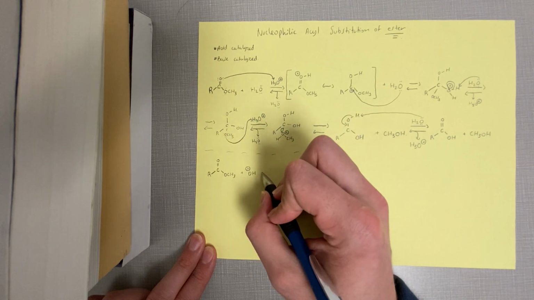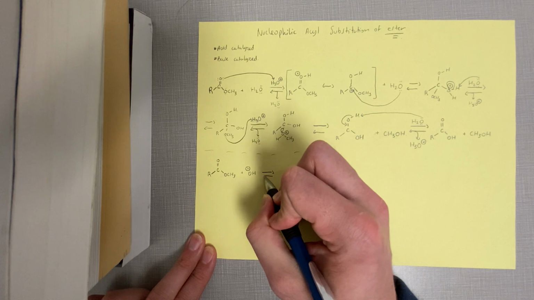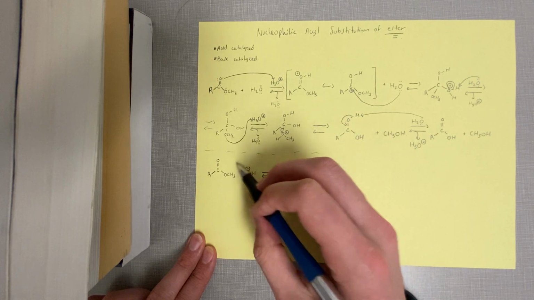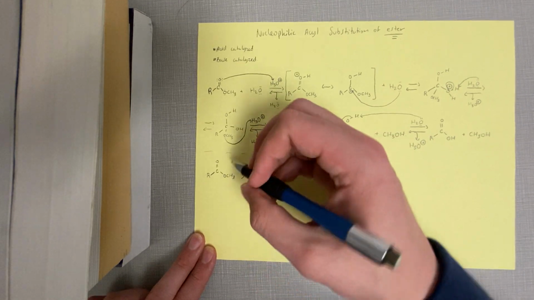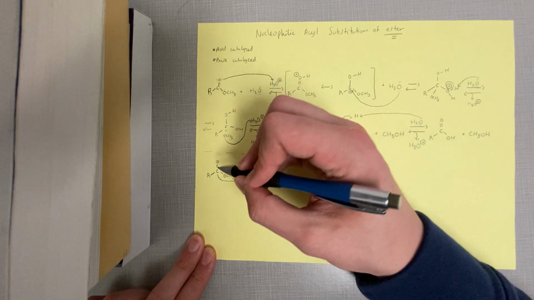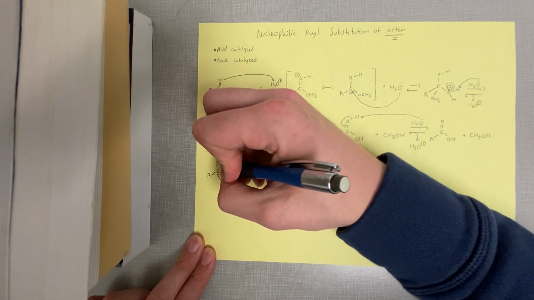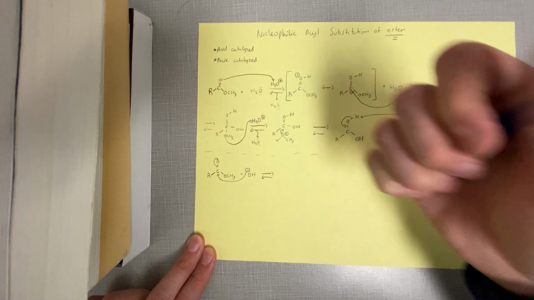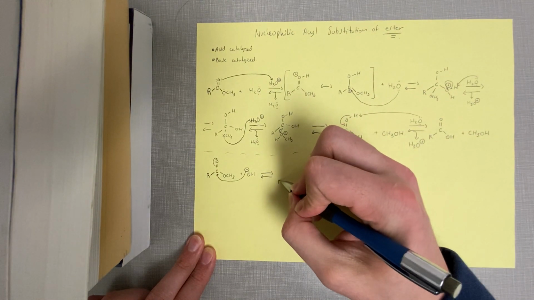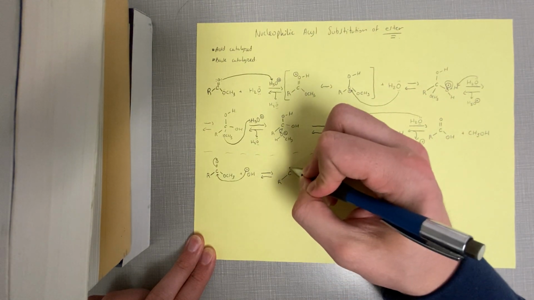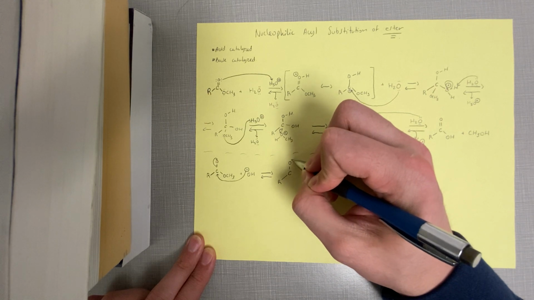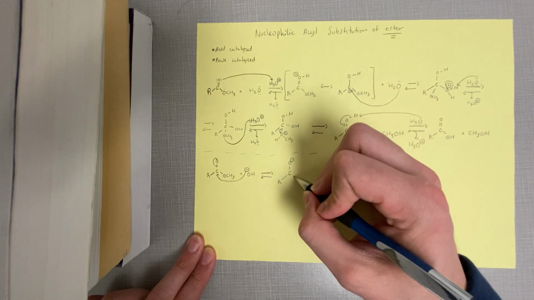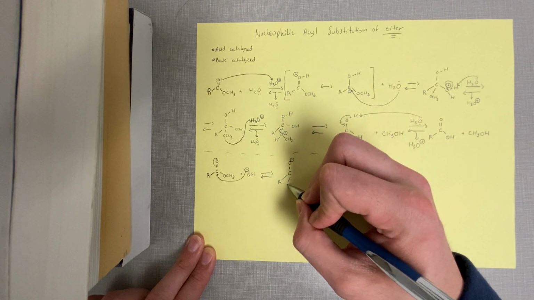So it doesn't need protonation, so it can attack the carbon right away, making this go up, giving us this tetrahedral intermediate.